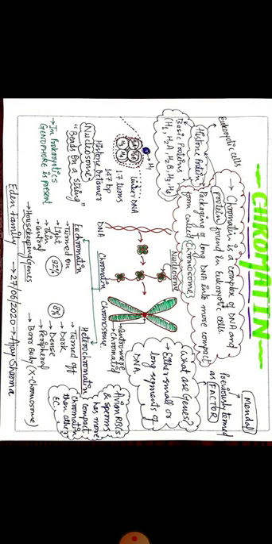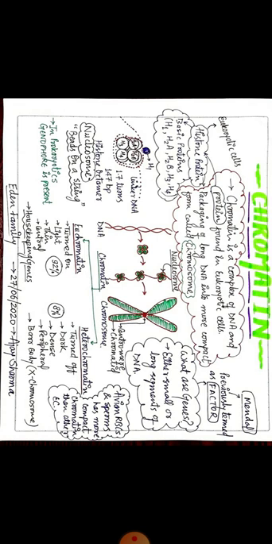See, how many types of chromatin are found in eukaryotic cells? On the basis of their activity, their color, their density and their position in chromosome, there are two types of chromatin. The first is euchromatin and the second is heterochromatin.